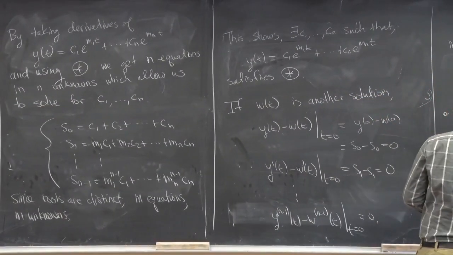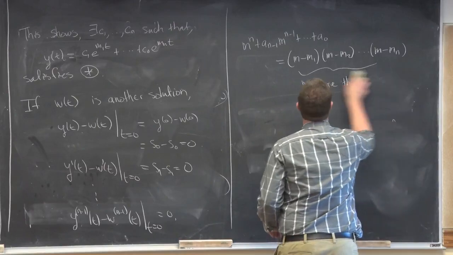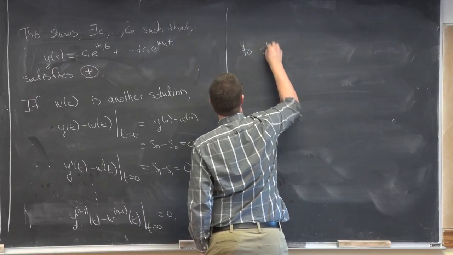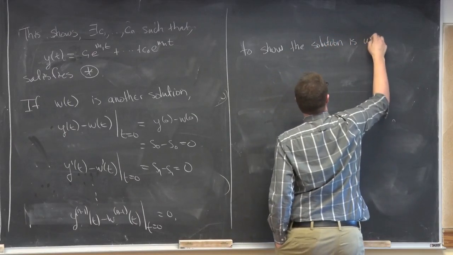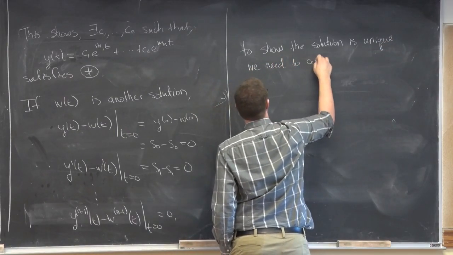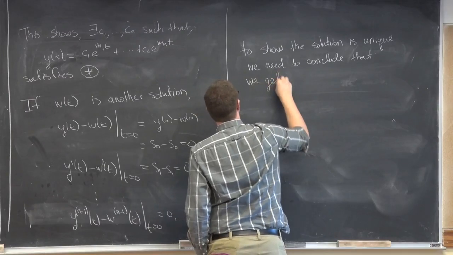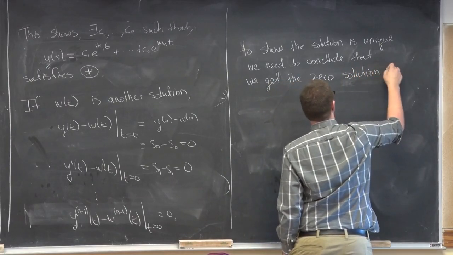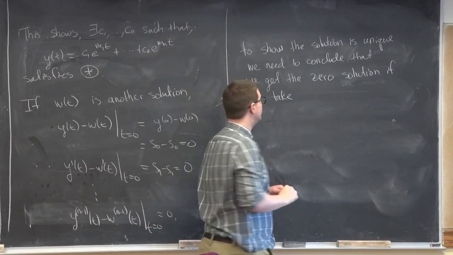So it'll turn out that, to show that the solution is unique, we need to conclude that we get the 0 solution, meaning that the function will be 0.